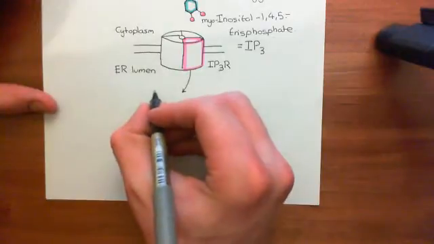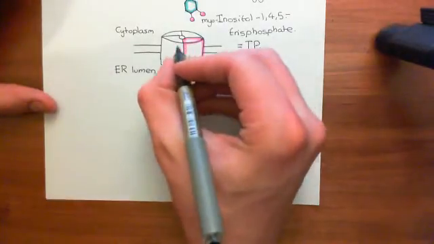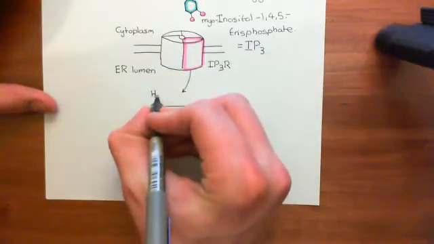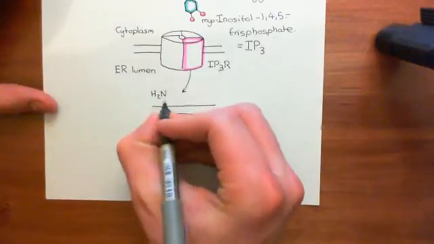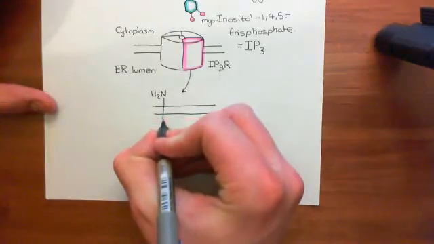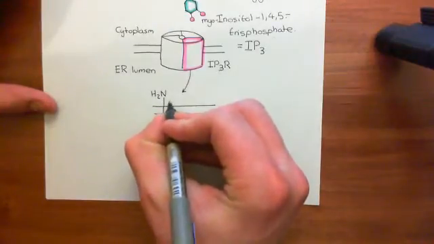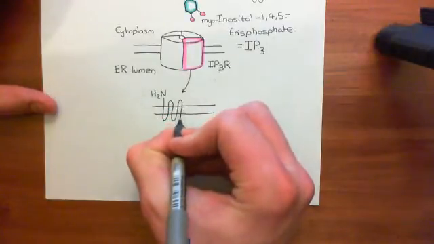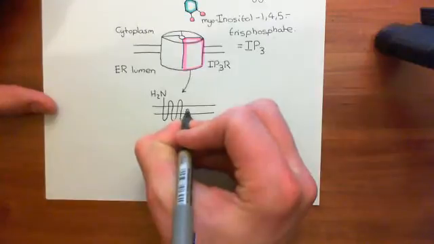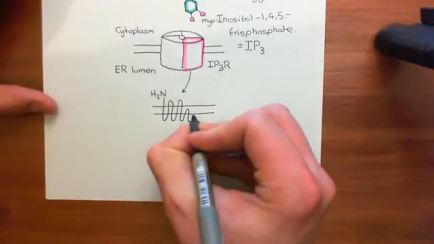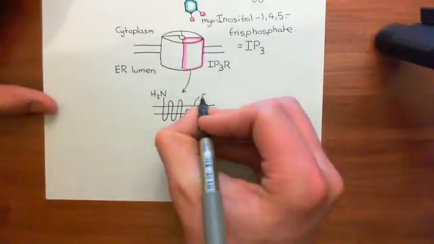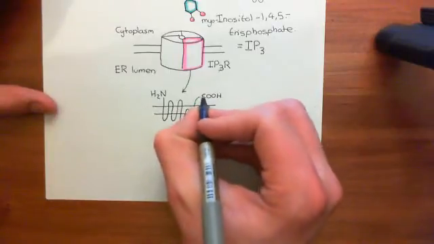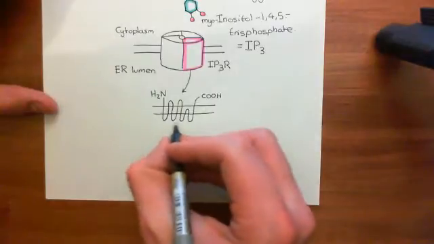The proteins that make up a quarter of an IP3 receptor have their amino termini in the cytoplasm. Then they have the first membrane spanning alpha helix, the second, the third, the fourth, the fifth. Then they have a structure known as the P loop, and then the 6th membrane spanning alpha helix, and then their carboxylic acid terminus again in the cytoplasm of the cell.